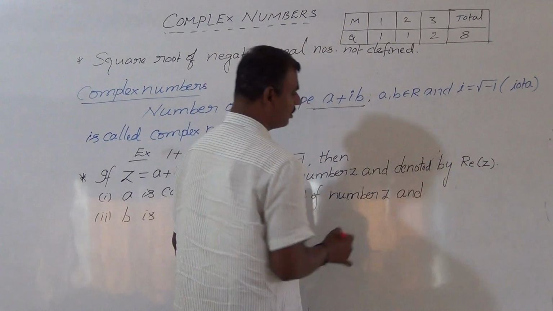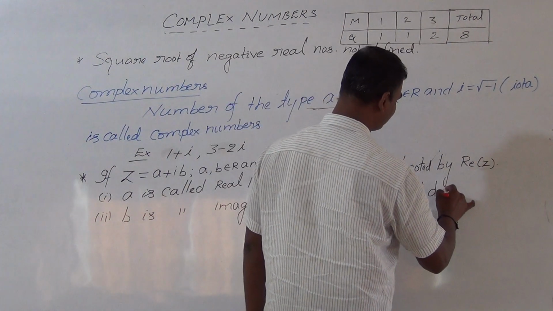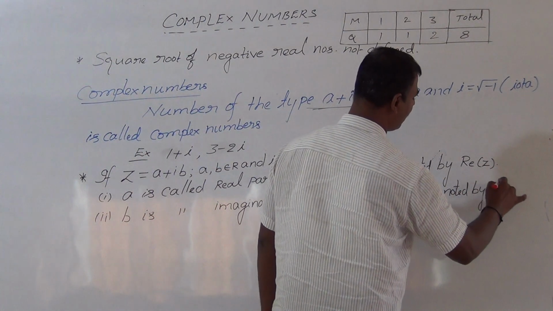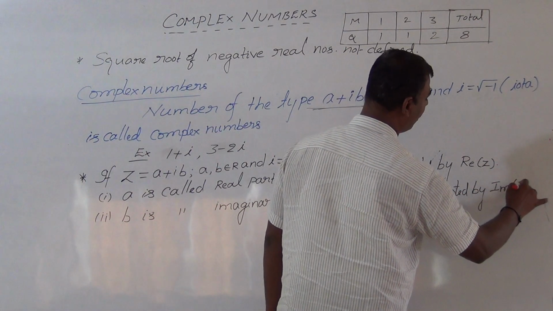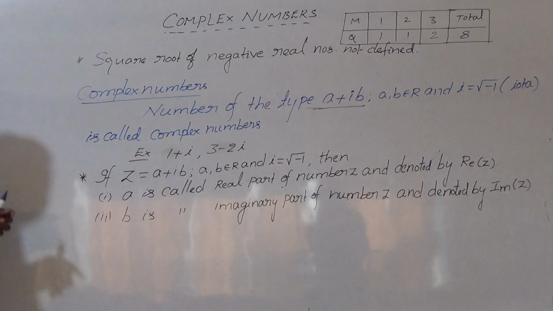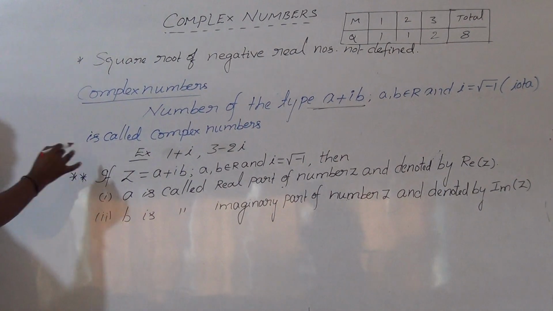It is also denoted by Im of z. So this is one of the important points.